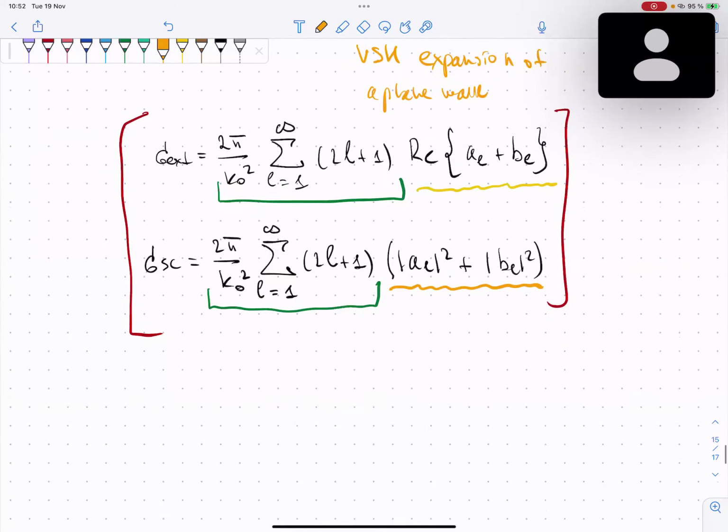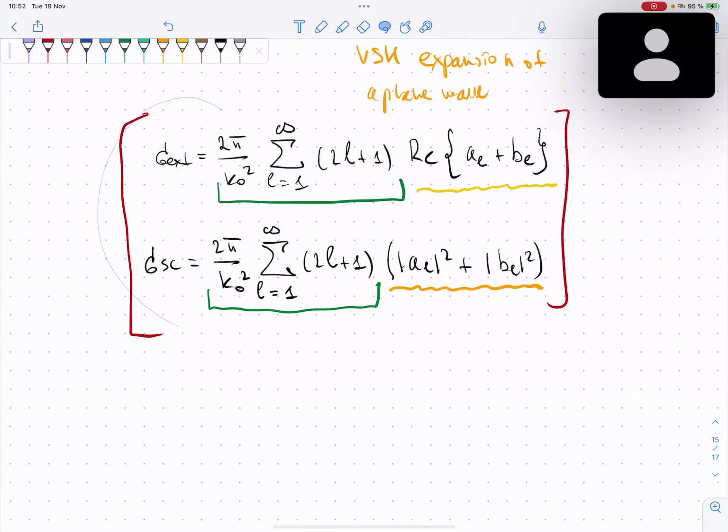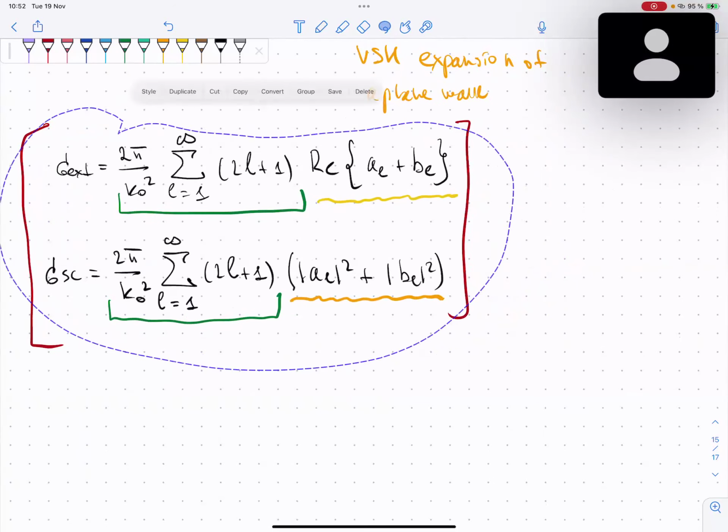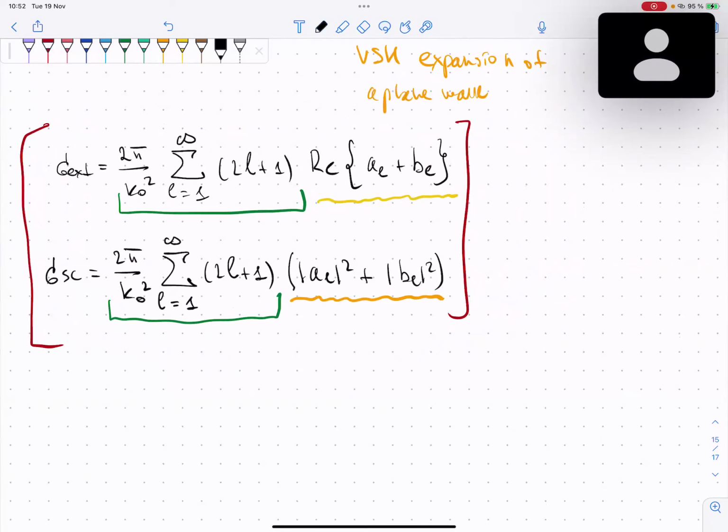This is very similar to what we actually get for the dipole particle: for the dipole, the extinction is proportional to the imaginary part of alpha, and alpha is proportional to the Mie coefficient.